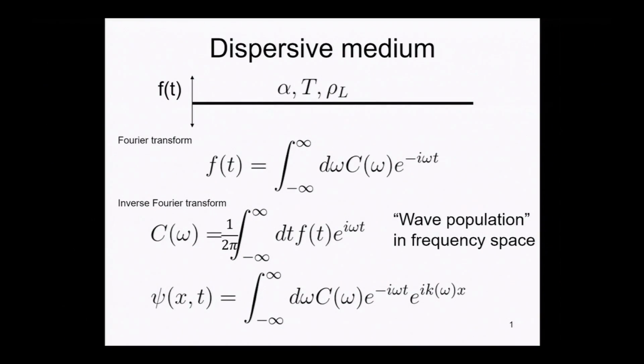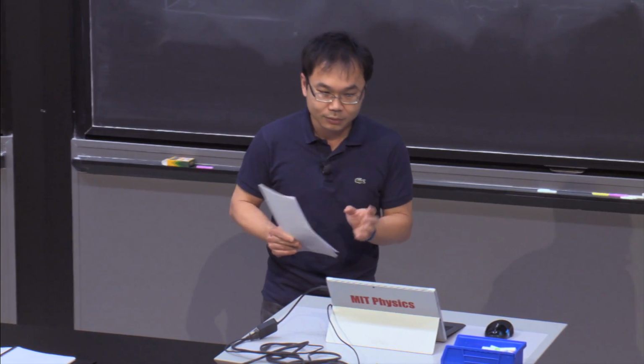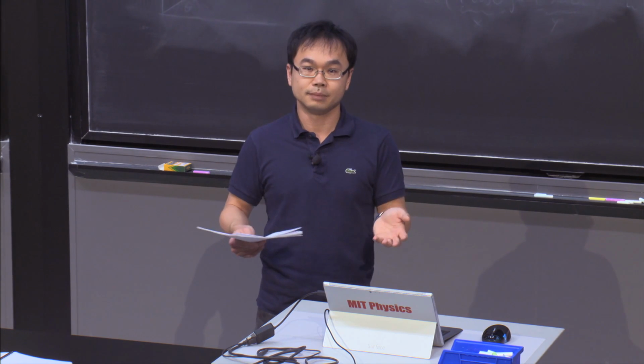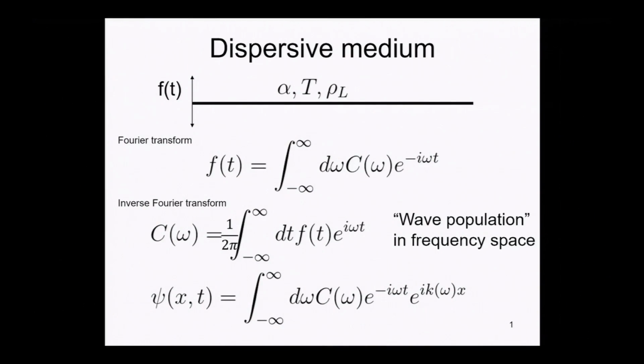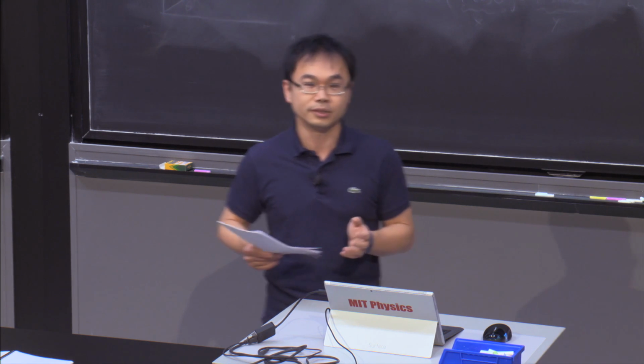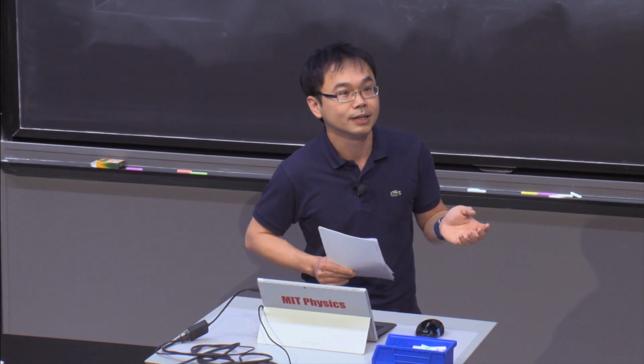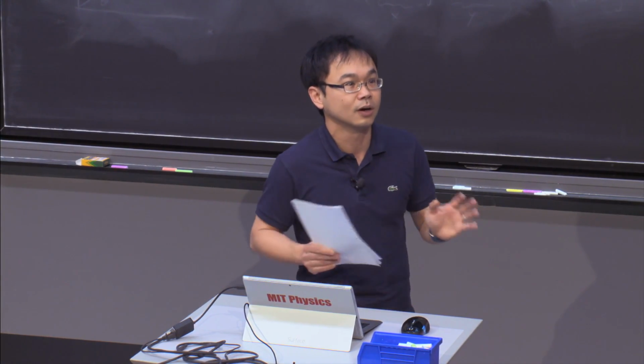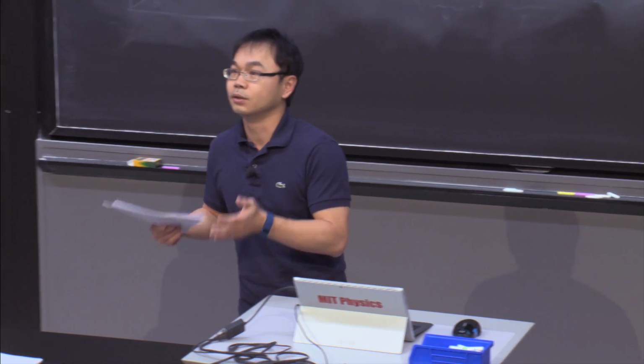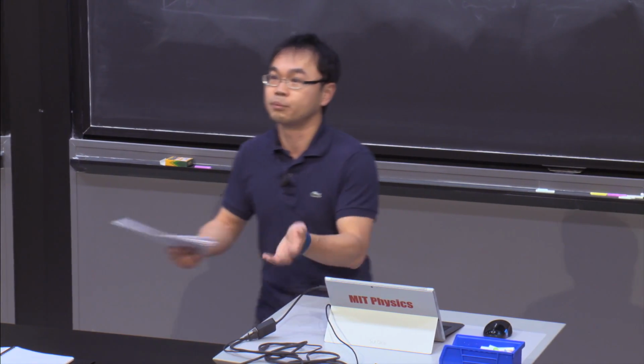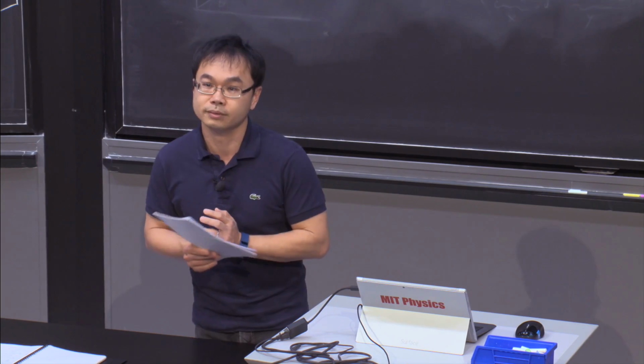Then, based on the property of this medium, the dispersion relation, omega as a function of k, we can propagate waves with different frequency at different speed. Then we can see how this system will evolve as a function of time. That's the whole idea and the strategy we approach this interesting problem.